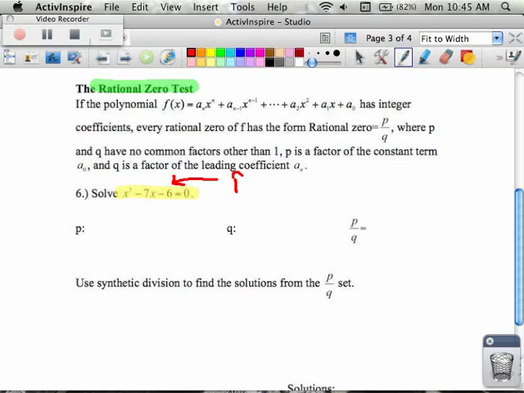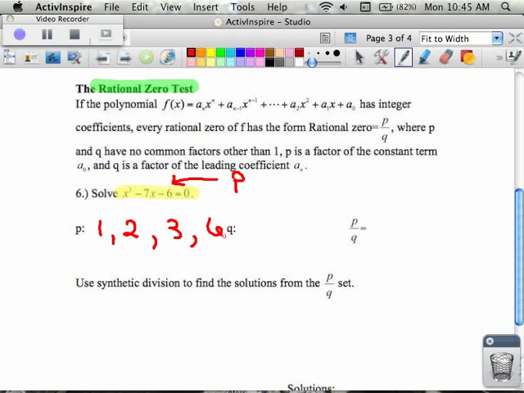And that p has factors, meaning it has numbers that can divide into it. What goes into 6? How about 1 goes in there? And negatives. How about 2 goes in there? How about 3 goes in there? And how about 6 goes in there evenly? With me so far? And negatives.